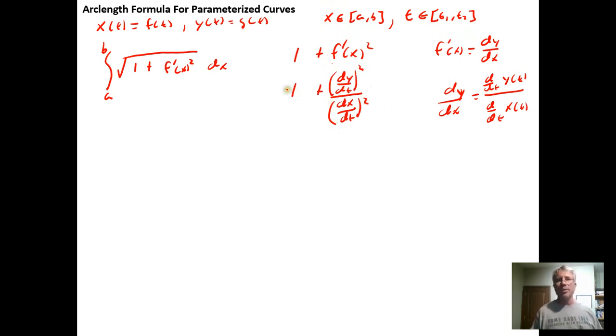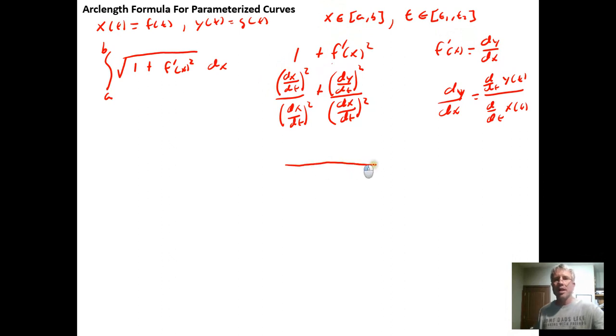Here we're supposed to add 1 to the derivative, but 1 can be written in all kinds of interesting ways. So let's write it in terms of this denominator so that we have a common denominator. I'm going to write (dx/dt) squared over (dx/dt) squared, which is just another way of writing 1.